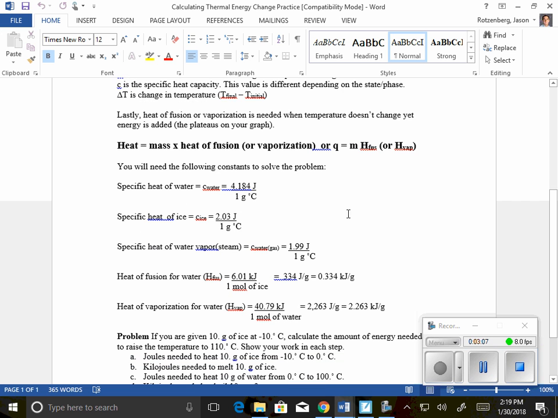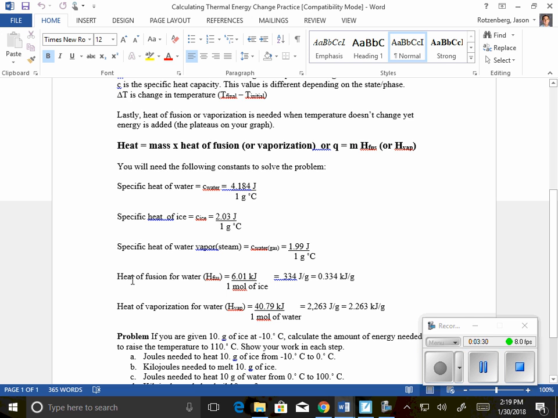So if I look towards the bottom of the sheet, there is a specific heat capacity for liquid water of 4.184 joules per gram degree Celsius, of ice of 2.03 joules per gram degree Celsius, of steam 1.99 joules per gram degree Celsius, and then there's the heat of fusion of water and the heat of vaporization of water.